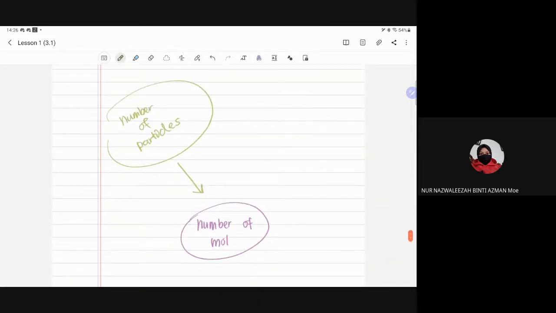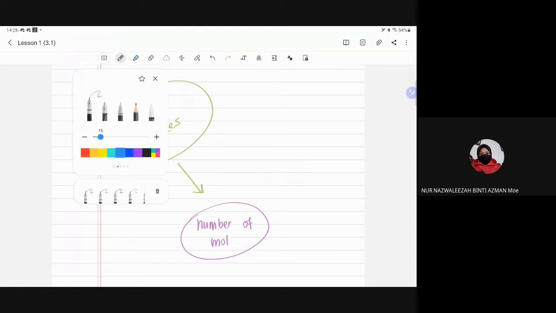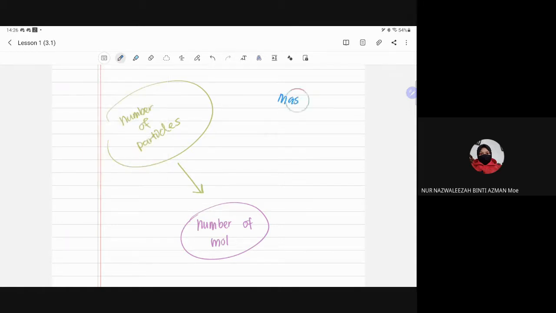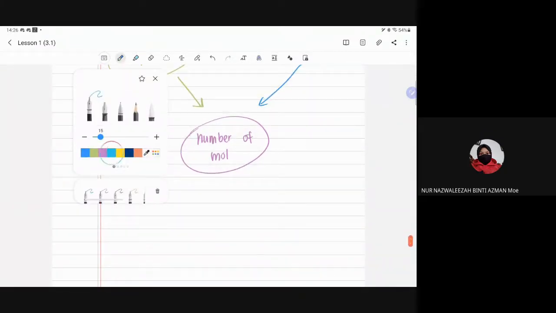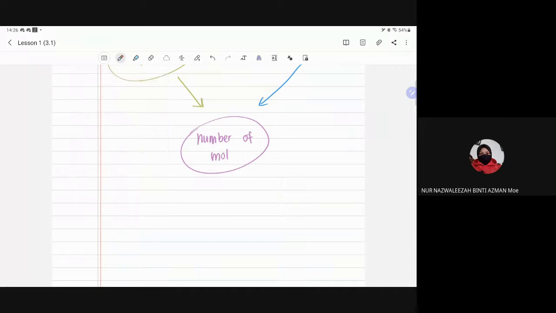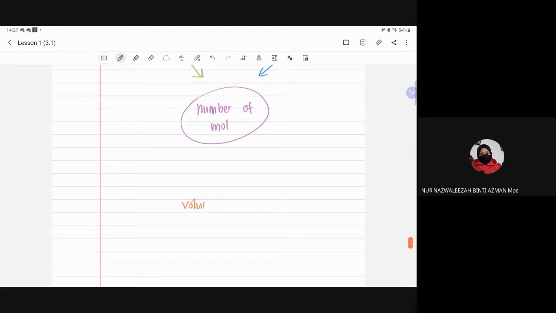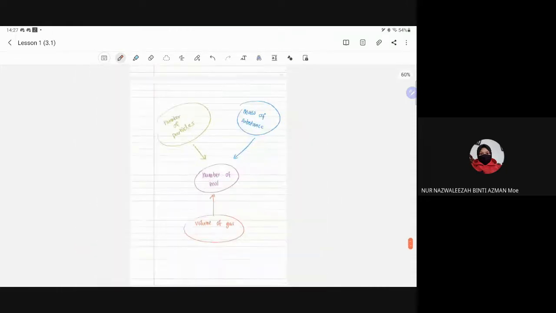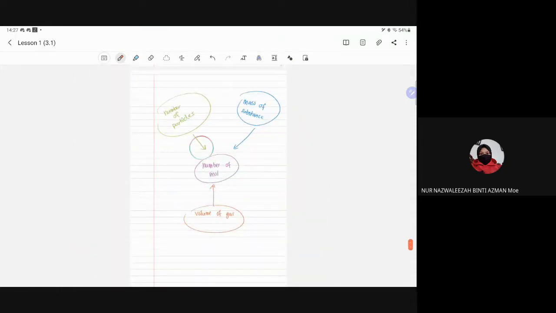And then we can have mass of substance, we can change to the number of mole. And then we have volume of gas, we can change it to number of mole juga. So ketiga-tiganya, all three can change to the number of mole first.